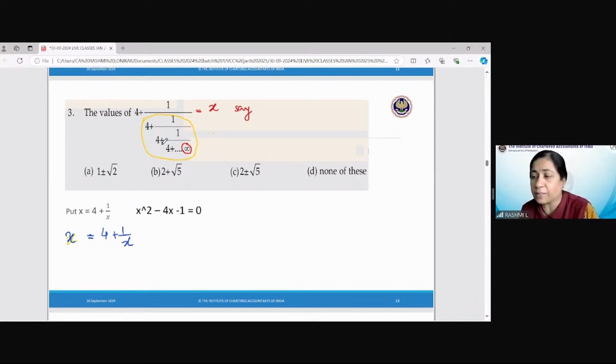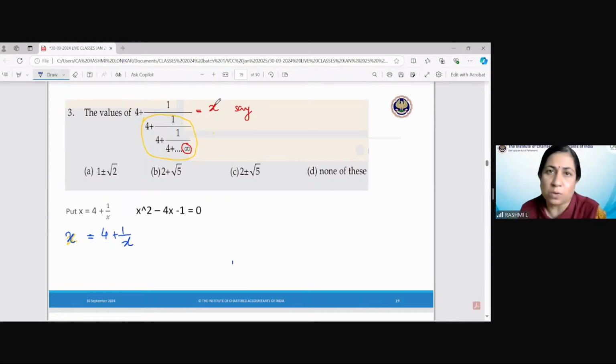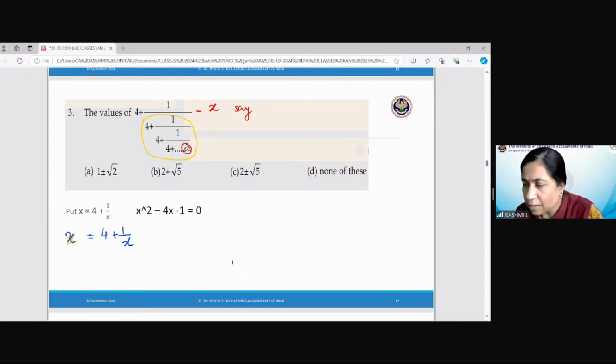I repeat, the first step is take this whole thing and say that is equal to x. But it is a recurring thing. So even in the denominator, I can write x. Why? Because it's the same thing, 4 plus 1 upon something. And again, this is 4 plus 1 upon something. So this is also equal to x. So x is equal to 4 plus 1 upon x.